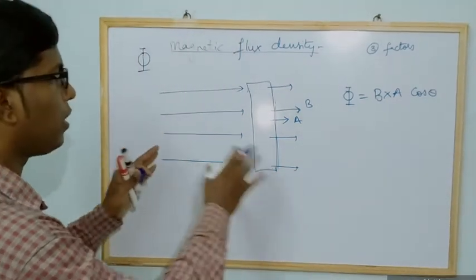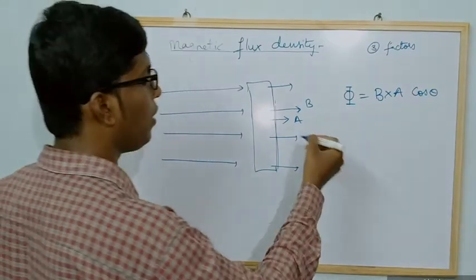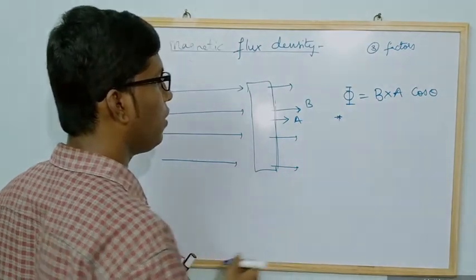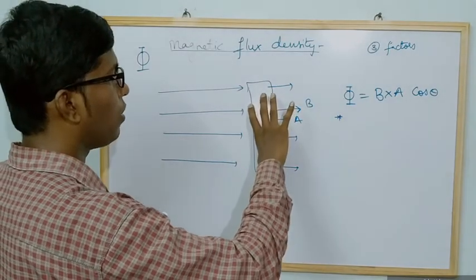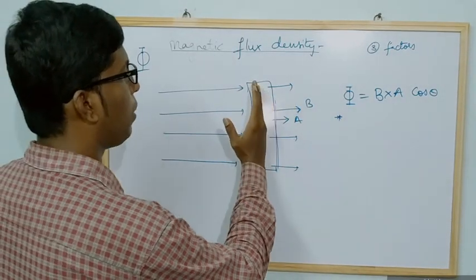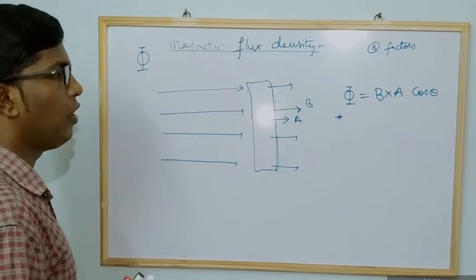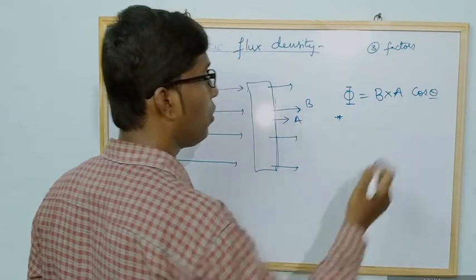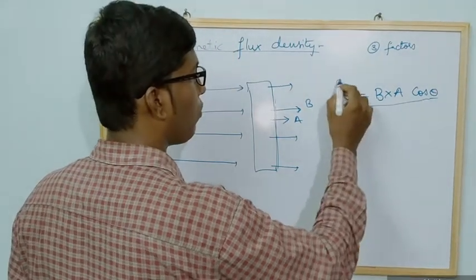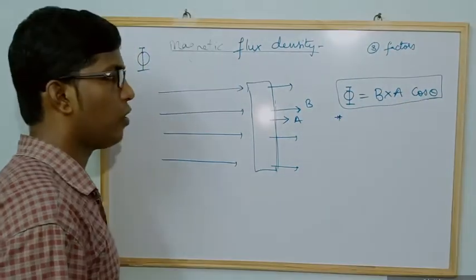In your textbook there are questions like: what is the flux if the plane is placed perpendicular to the field lines? Many students use the flux formula BA cos theta.